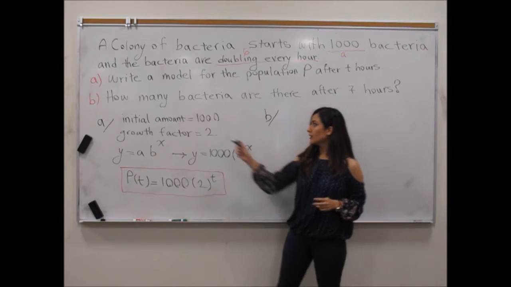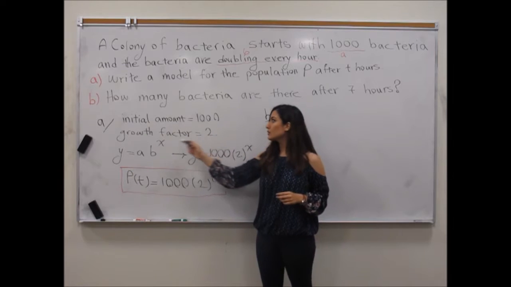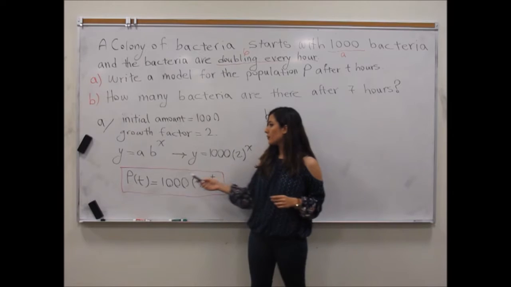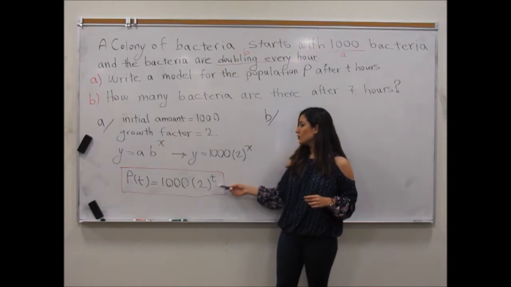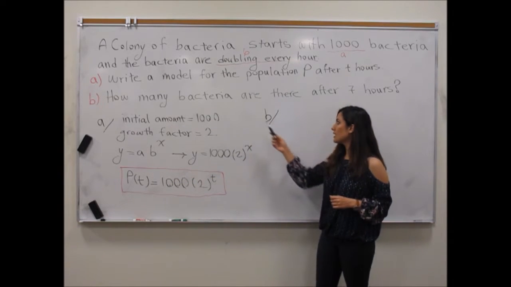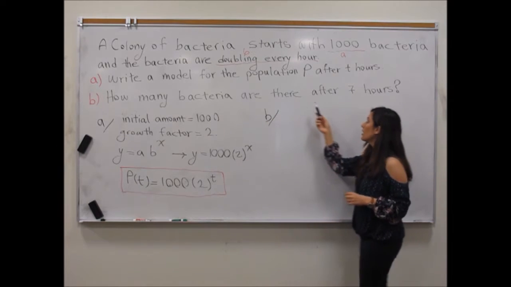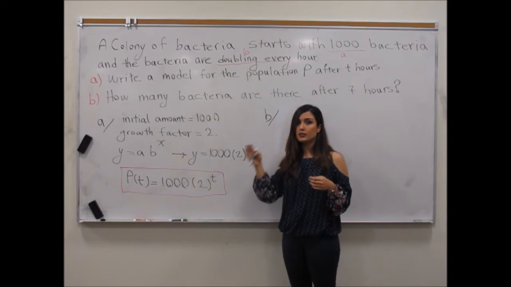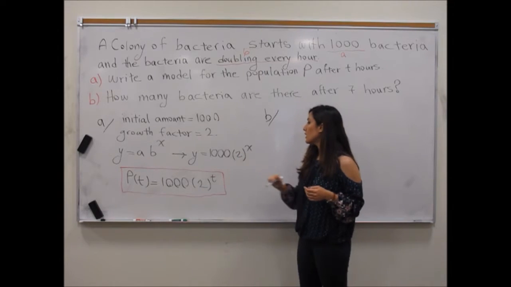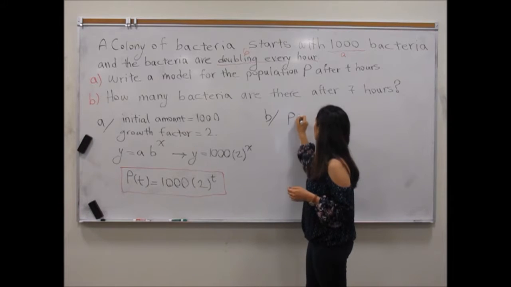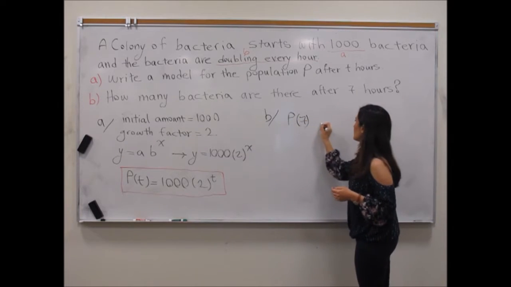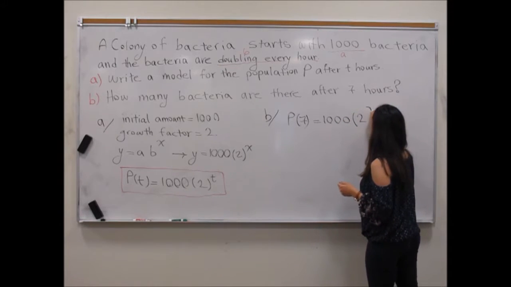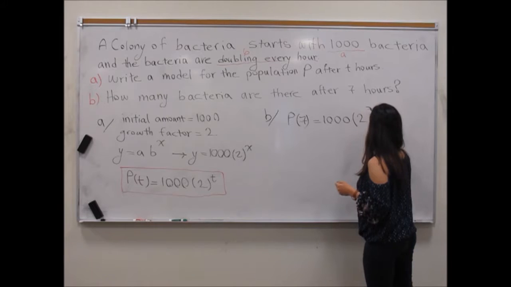Okay, so we found that in part A, our initial amount was 1,000, the growth factor was 2, and our model for this population is 1,000 times 2 to the t. And then part B is asking how many bacteria there are after 7 hours. You can keep doubling until you get to the 7th hour, or you can just plug in the numbers. So after 7 hours, P of 7 is 1,000 times 2 to the 7.